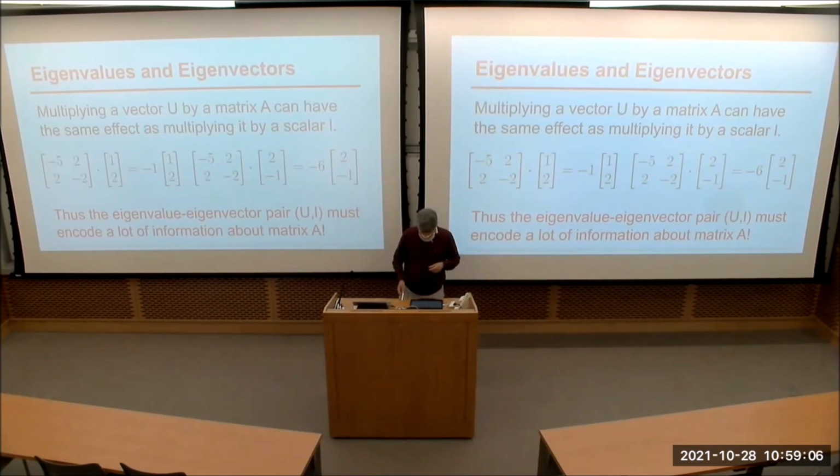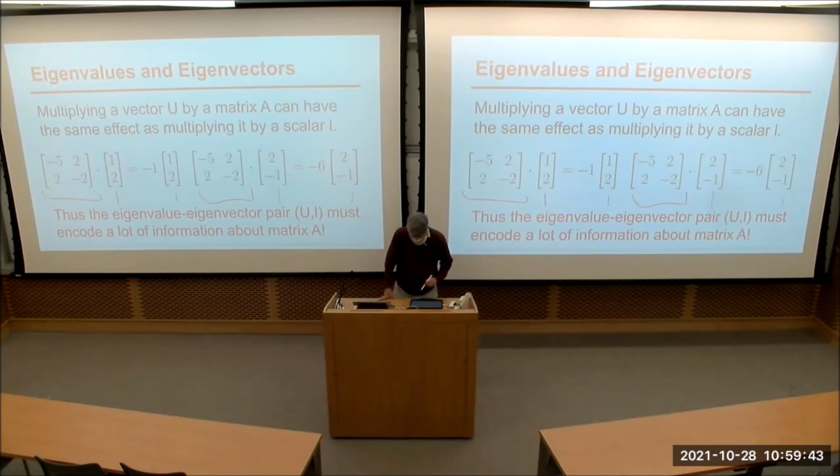Now, a concept in linear algebra that turns out to be very important for compressing and representing matrices is eigenvalues and eigenvectors. There is a curious property that here we have a matrix, and here we've got a vector, here we've got the same vector, here we've got a different vector.